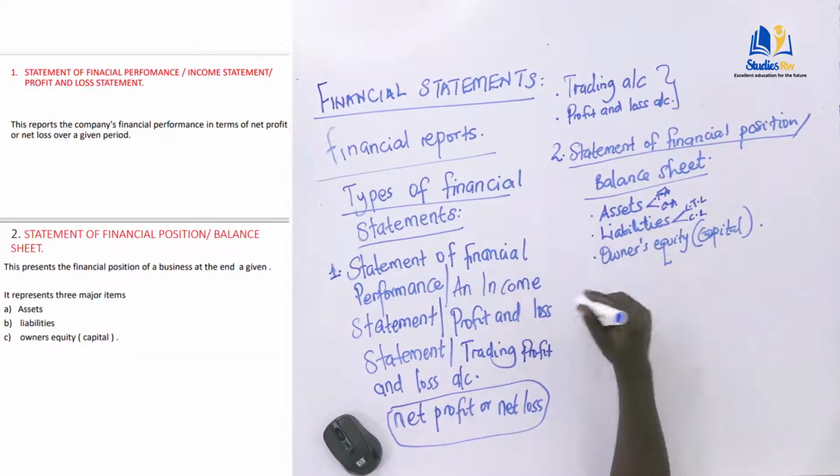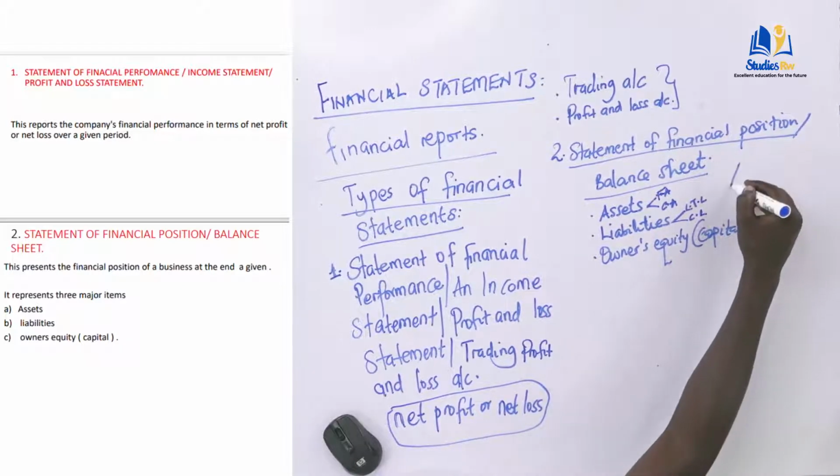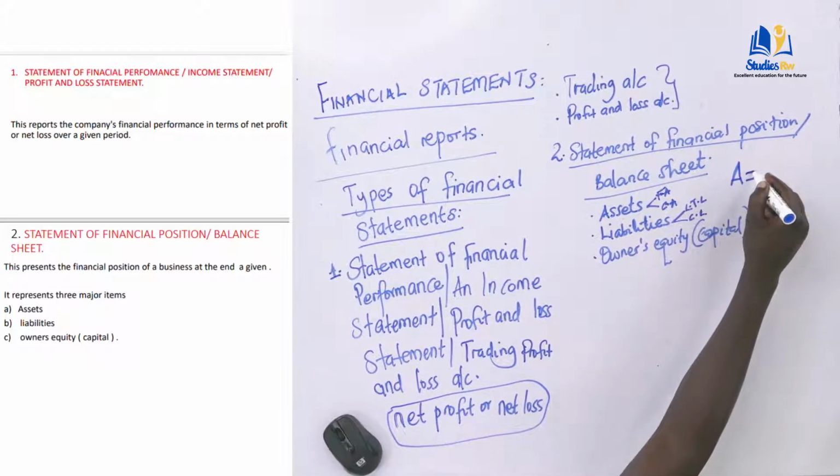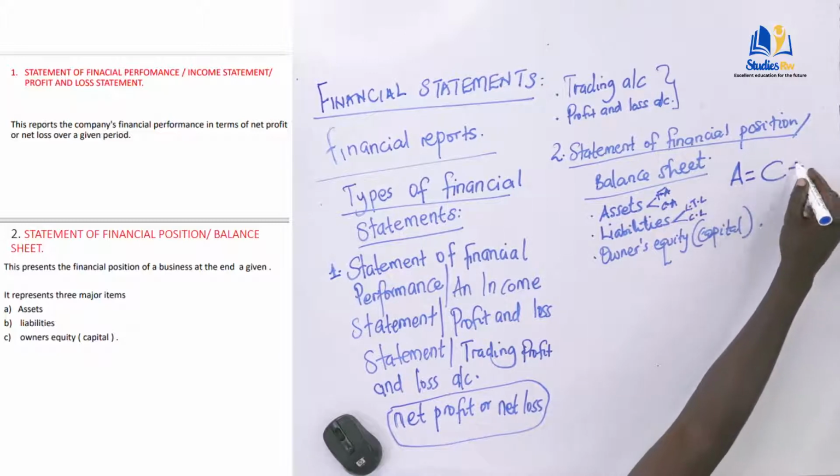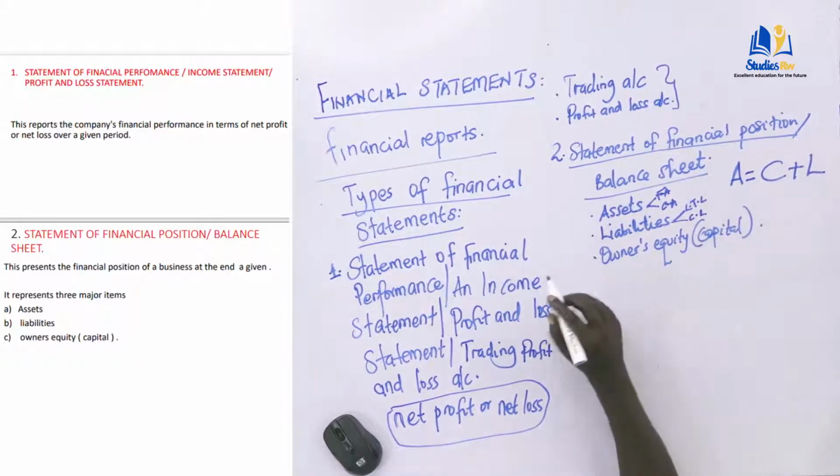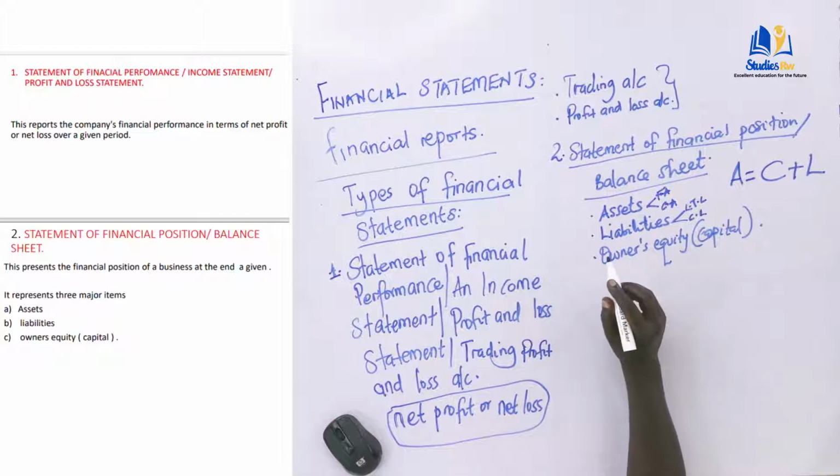So this balance sheet balances on an equation: assets in the business should be equal to capital plus liabilities. But you may find that your assets are equal to liabilities, in case you had no starting capital and the employed resources were all borrowed.